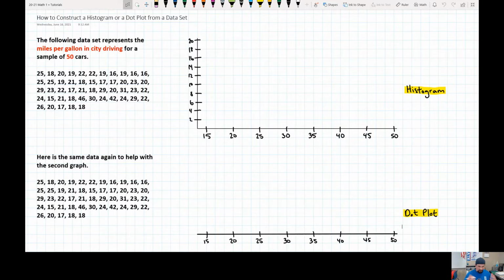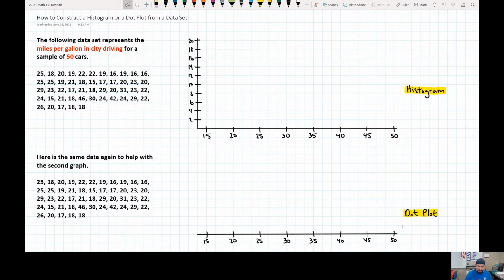Our first bin is from 15 to 20. The important thing is that typically with a histogram, the left boundary, in this case 15, is the first value that goes in that bin, and the right value, the upper bound, the 20, is the cutoff mark.